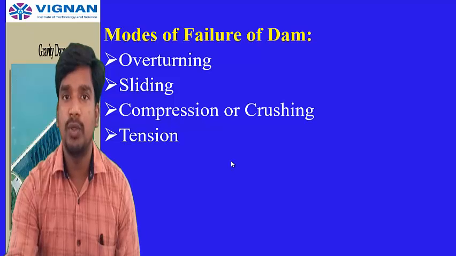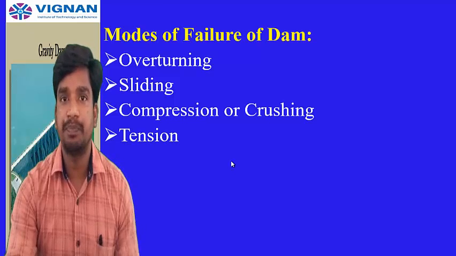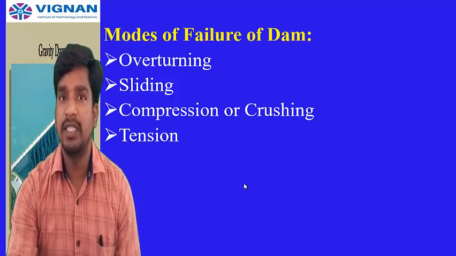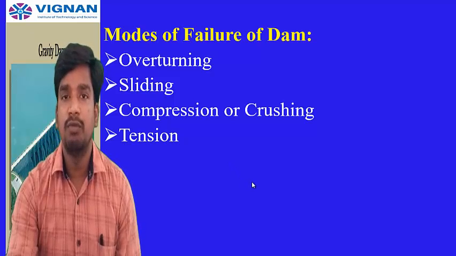Now we are moving on to the next topic, that is causes or modes of failure of a gravity dam. What are the different causes or modes of failure of a concrete gravity dam we are going to discuss in today's class. As you are seeing, there are four different major forces or modes of failure which are causing the failure of a gravity dam.